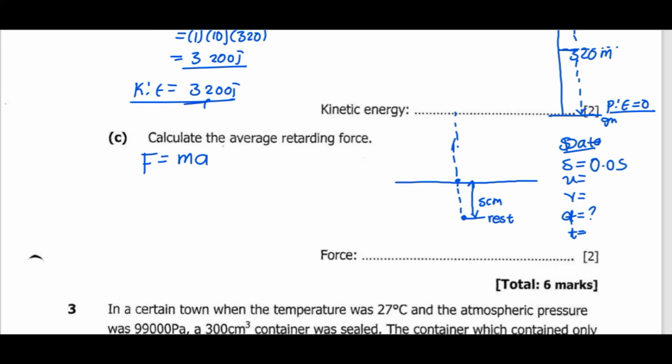Initial we don't have. Now this point is going to be considered as our new initial. Then the rest is our final velocity. So initial we don't have, the final will be what? 0, since it came to rest. So which formula can we use to calculate acceleration?